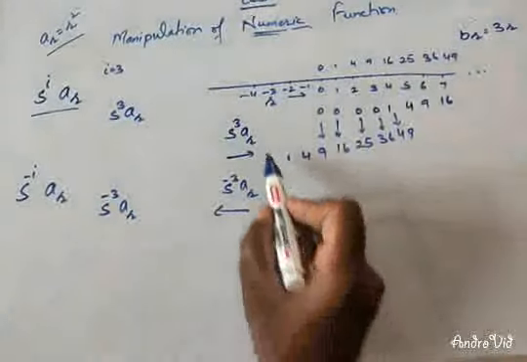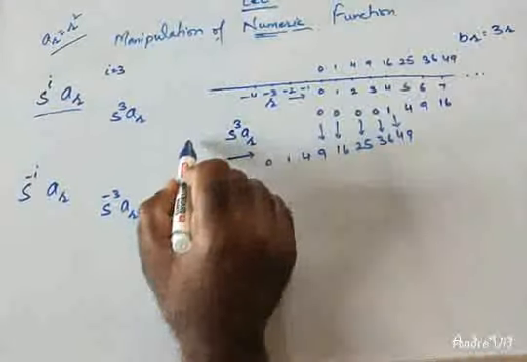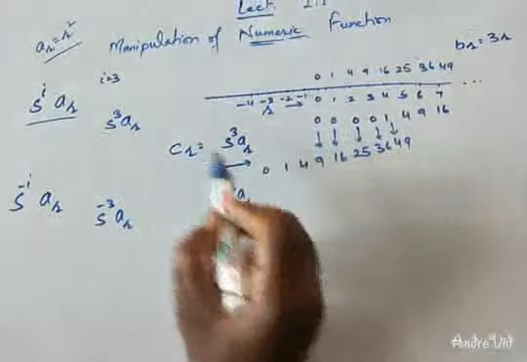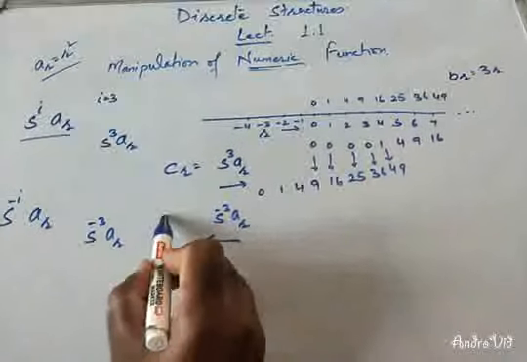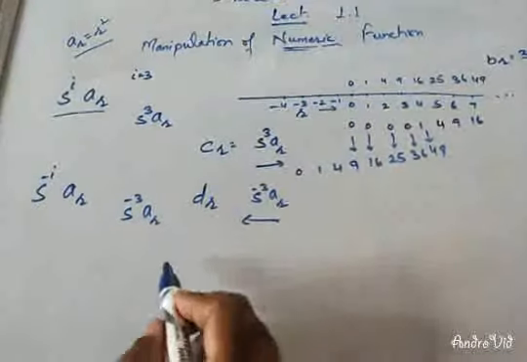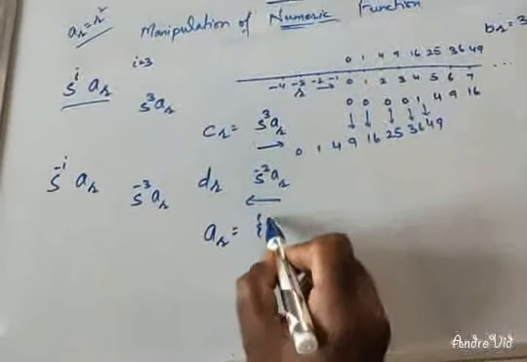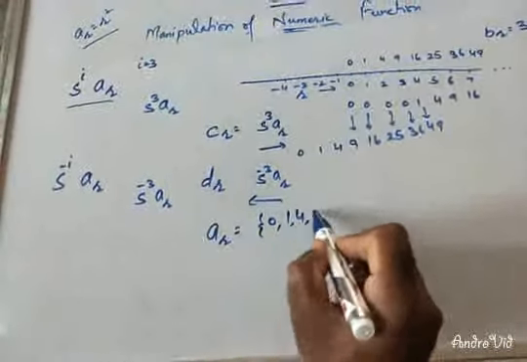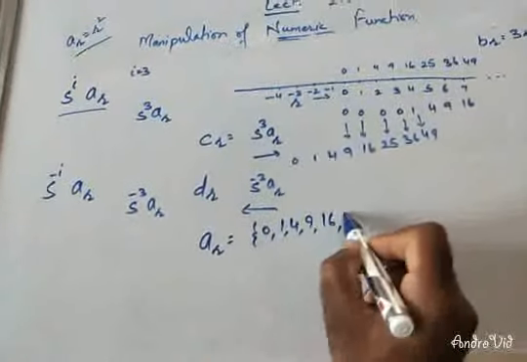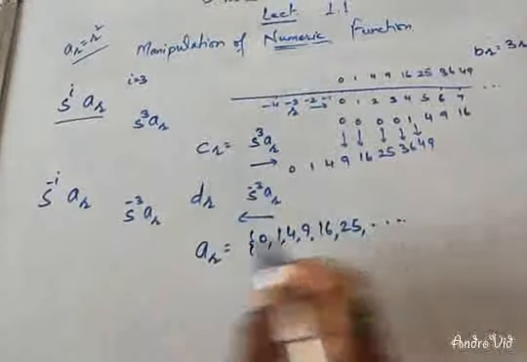So if this S3AR is denoted with the help of CR, S minus 3AR is denoted with the help of DR. So we can say that AR was having values 0, 1, 4, 9, 16, 25, so on.